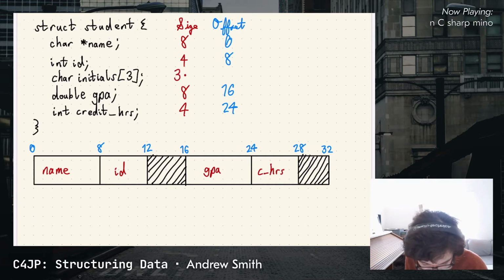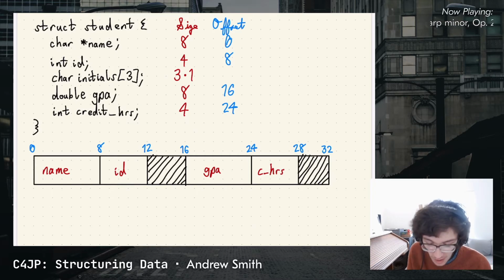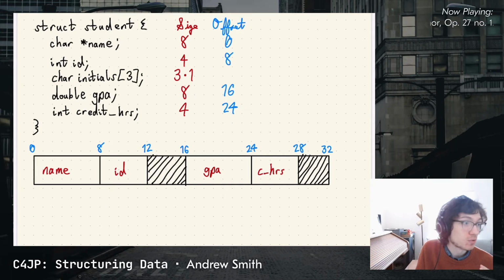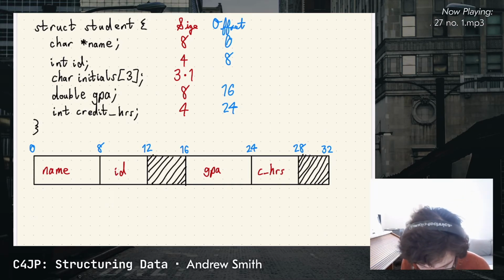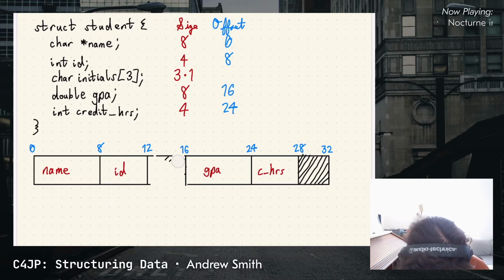And so the size of this array, I'm going to write as 3 times 1, 1 being the size of our data type, which is what we have to align based on. And so it's actually very easy for us to align this new field. All we've got to do is I very carefully try and erase. No, we're not going to do that. Here you go. There we go. Great.